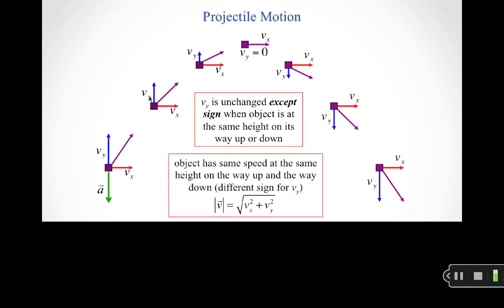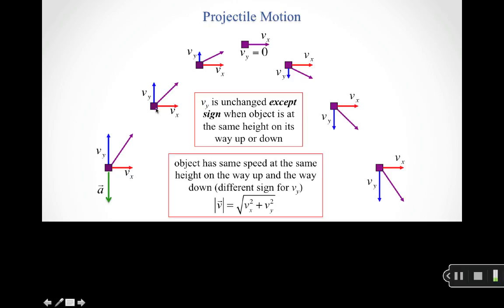Well, if all I do is change the sign, that means the x component of the velocity never changes. The y component of velocity changes sign but has the same magnitude. And since I'm squaring this term, whether it's positive or negative doesn't matter. So what this tells me is the object has the same speed when it's at the same height.